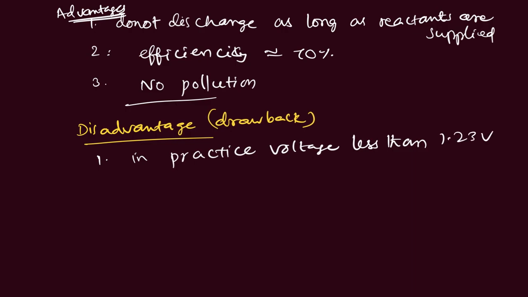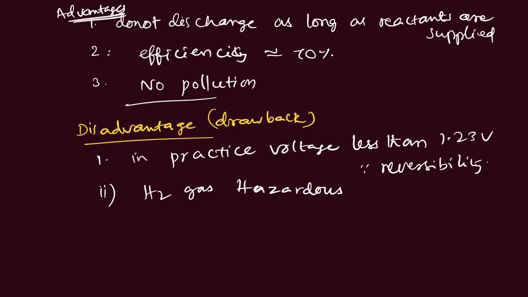Why is it less than 1.23? Because of the little reversibility of this reaction. Second drawback is that hydrogen gas is a little dangerous, that is, hazardous to use.